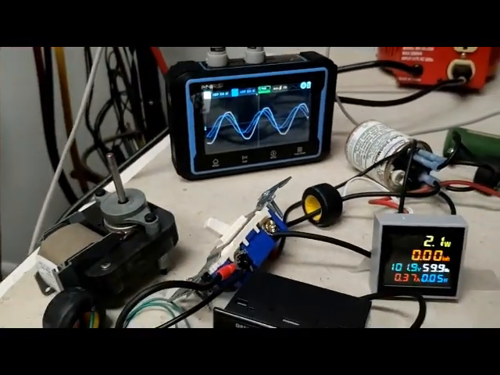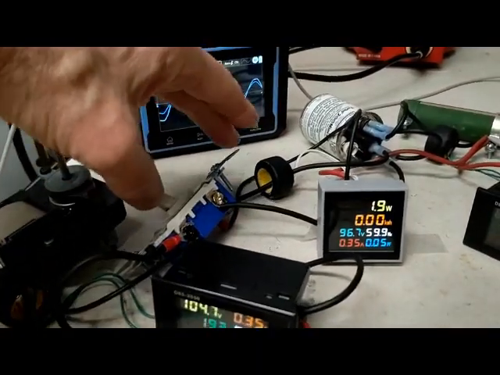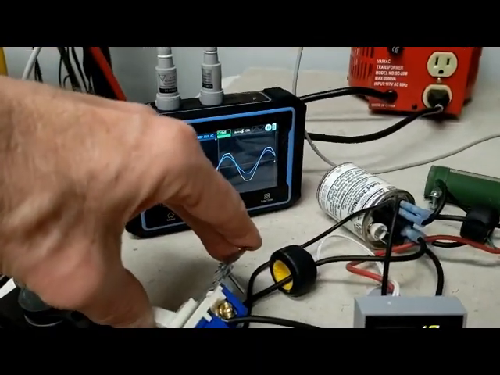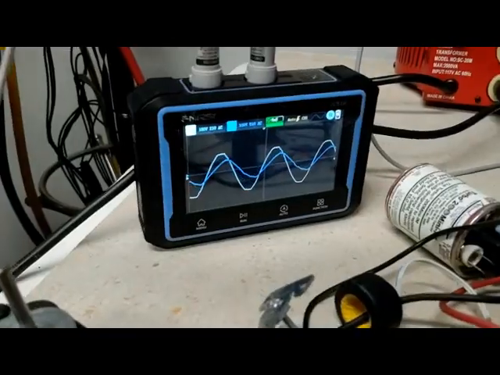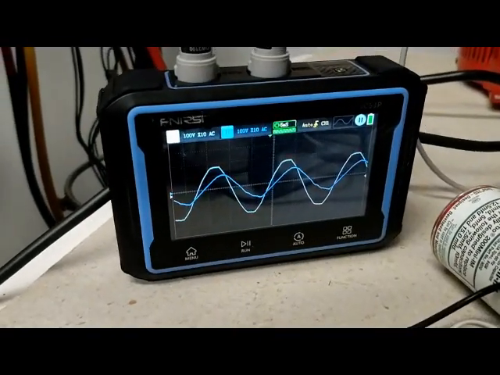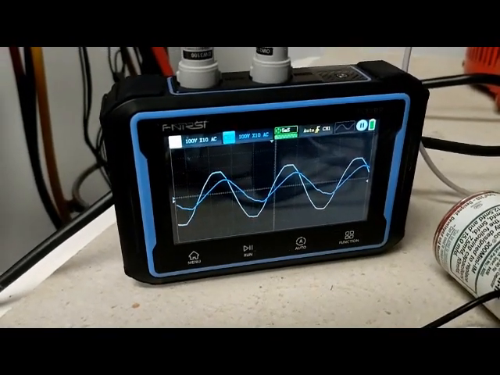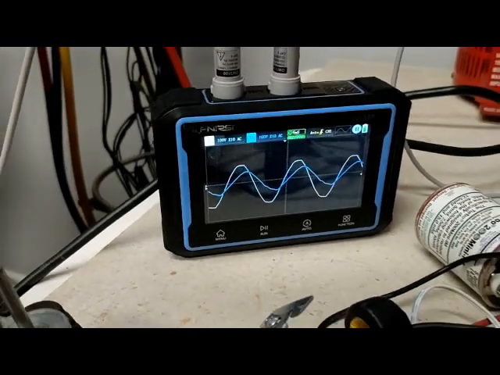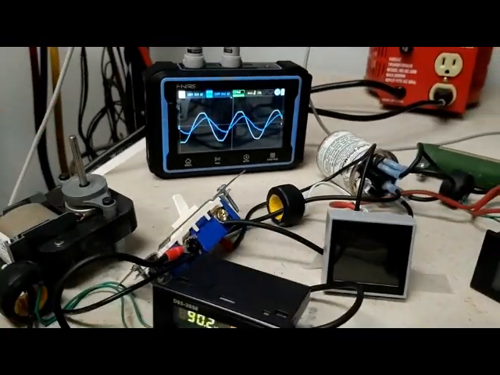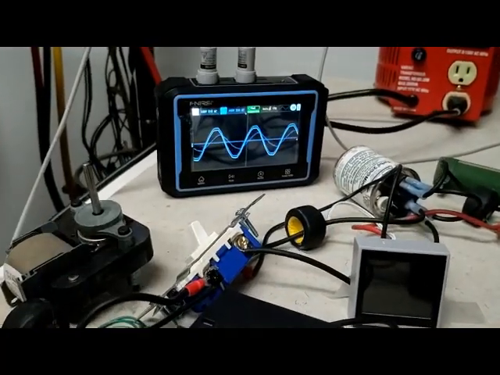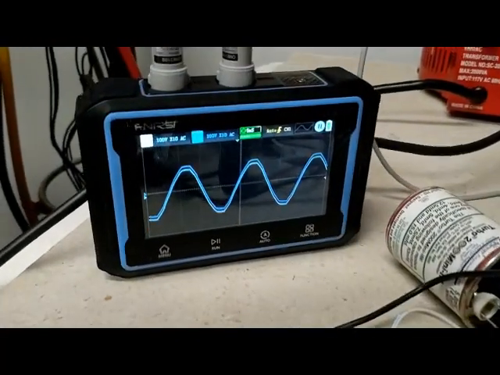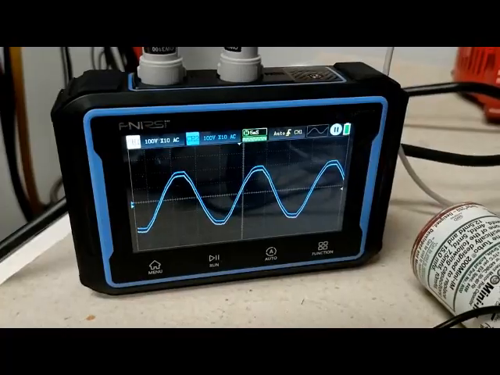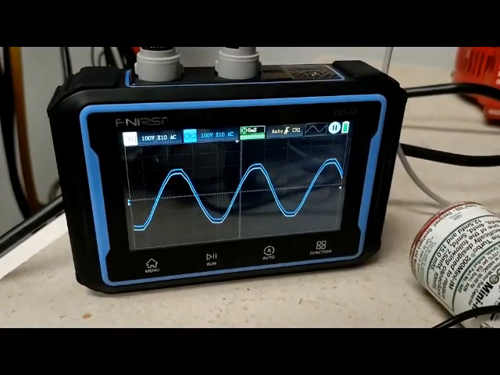Put the motor back in, and take the capacitor out. Now the circuit has more inductance than capacitance, so the current lags the voltage. Take both of them out. Now we only have resistance, and you see the current and the voltage are exactly in phase.